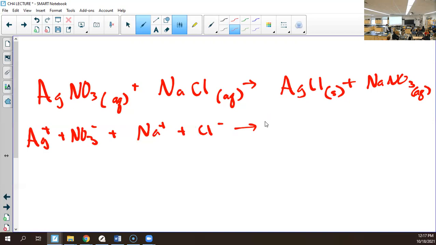So then we'd say, all right, this goes to AgCl solid plus Na plus, NO3 minus. Now, it's not horrible at all. You have to know why this one sticks together, why that one doesn't. And then we'd have to do some math. That's the stoichiometry part.